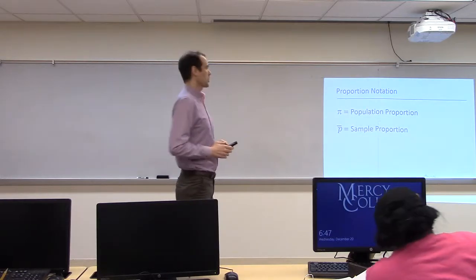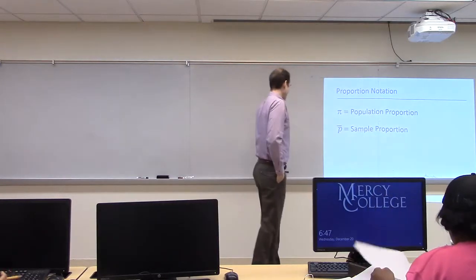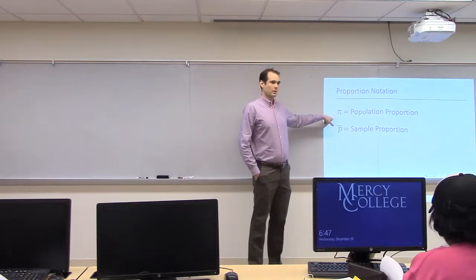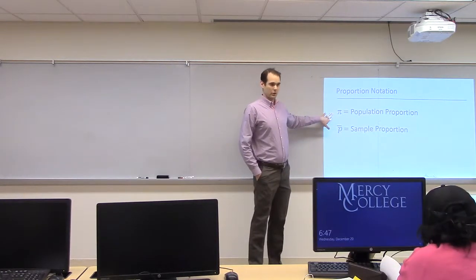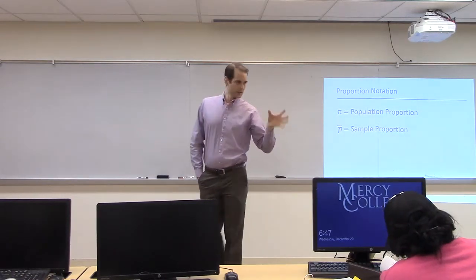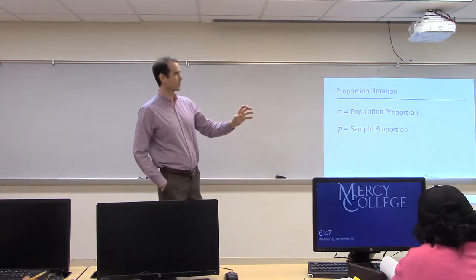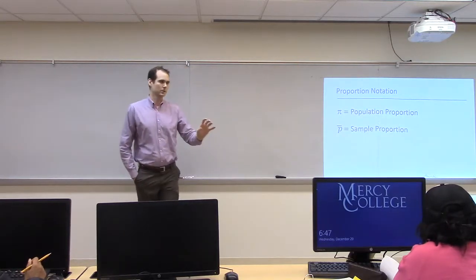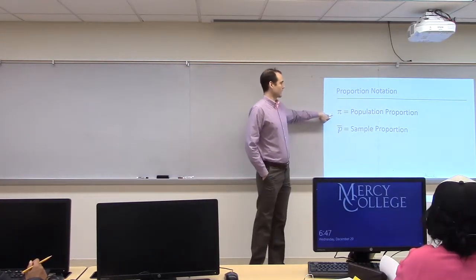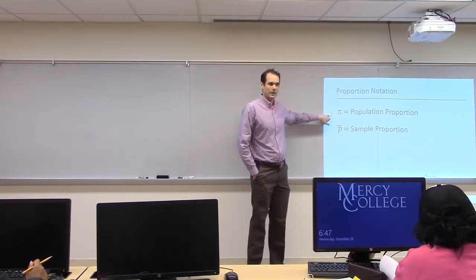Alright, so some notation. This pie-looking symbol, this is the population proportion, the true population proportion. If we were to ask everyone in New York, do you support Bill de Blasio? If we were to get correct information, this is what it would come out to be. This is what we are trying to find, typically.